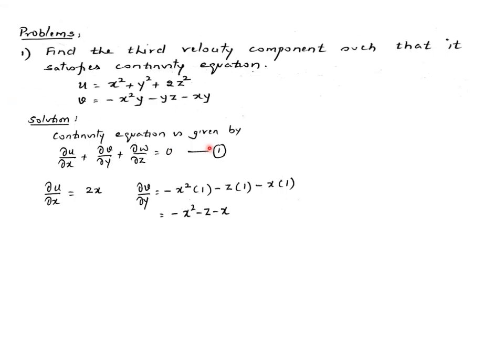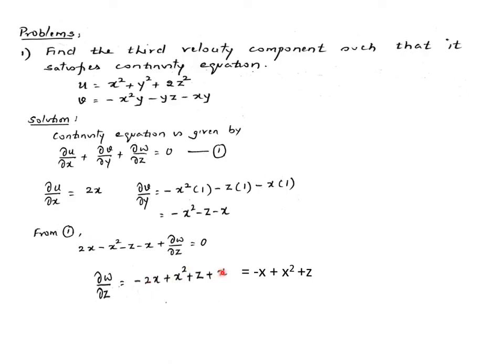Therefore, we get the term dou w by dou z as minus 2x plus x square plus z plus x. Minus 2x plus x is minus x, so minus x plus x square plus z. Now we have the term dou w by dou z, and we can integrate this with respect to z.